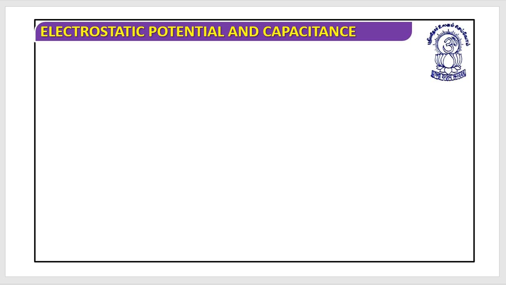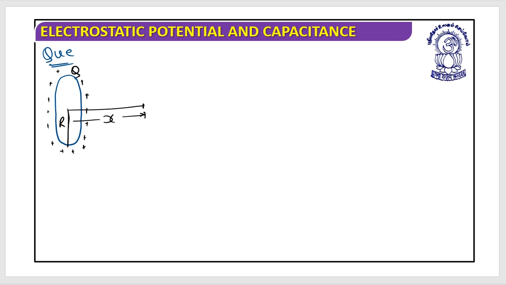Suppose a charged ring is given, and as you know, it is positively charged. This is its radius r. This is separation x.